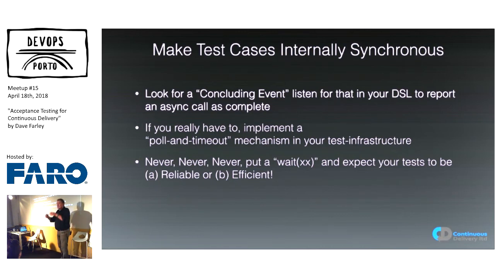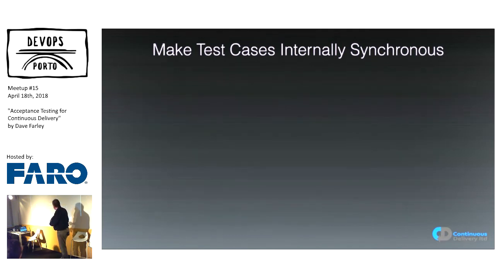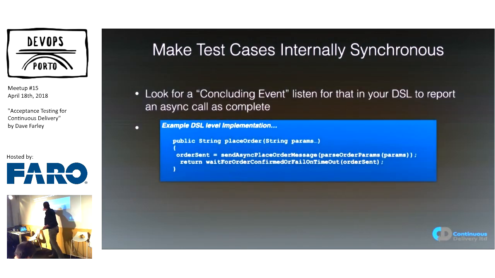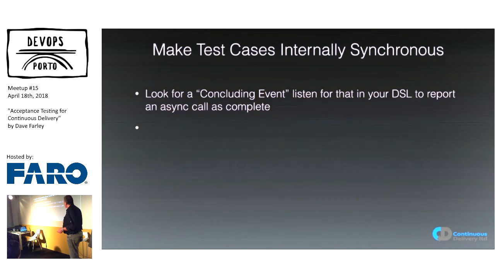So again, shared. At the point it's saying it's waiting for the order confirmation, what that's doing behind the scenes is it's going and polling and saying, is it there yet? Is it there yet? Rather than waiting to be pushed the event. So you can do that.